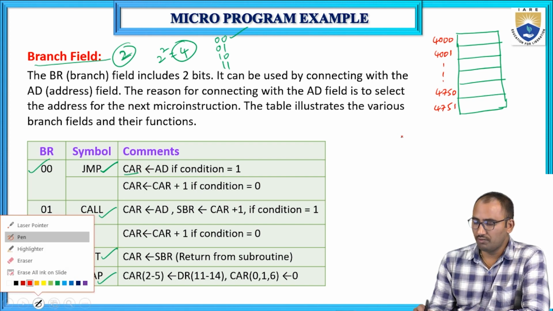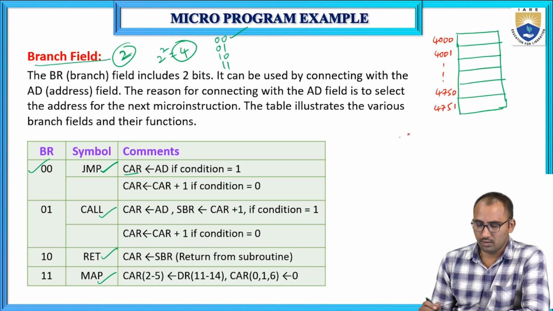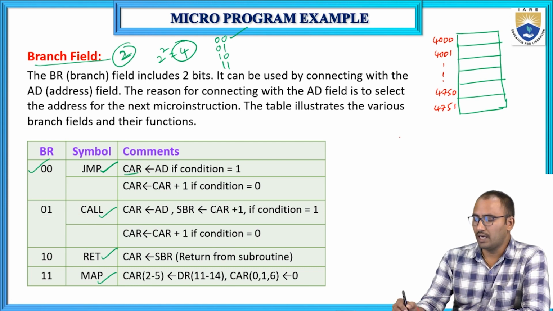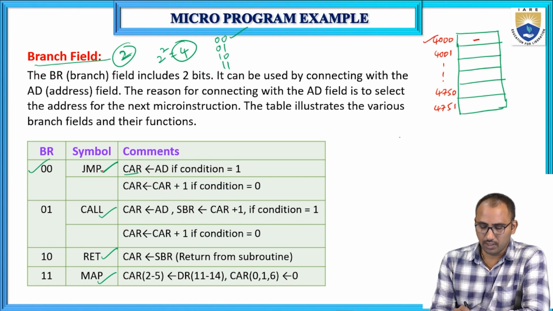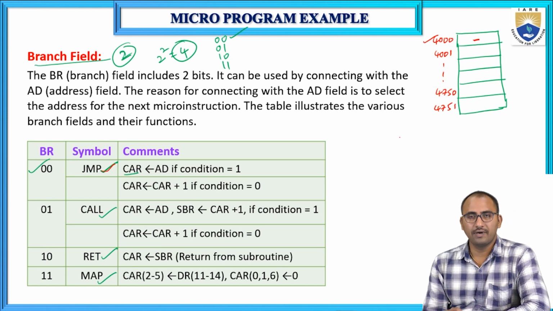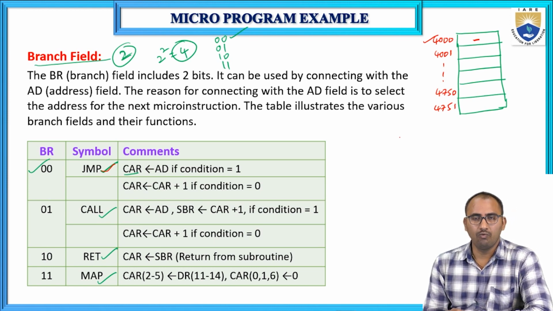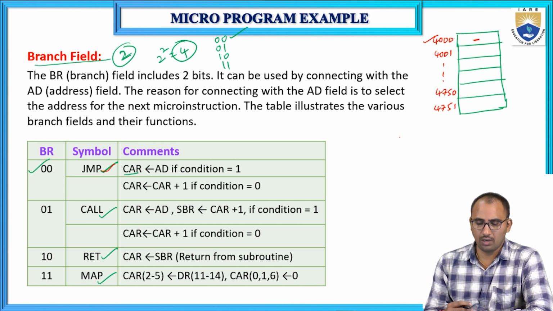Suppose currently the instruction is executing at location 4000. What is jump? Jump means transferring the program control from one memory location to a new memory location. That is called jump.